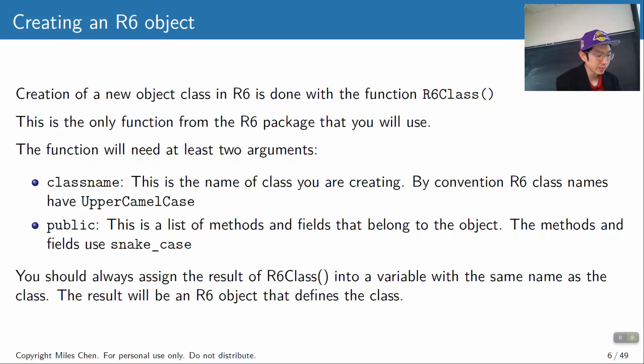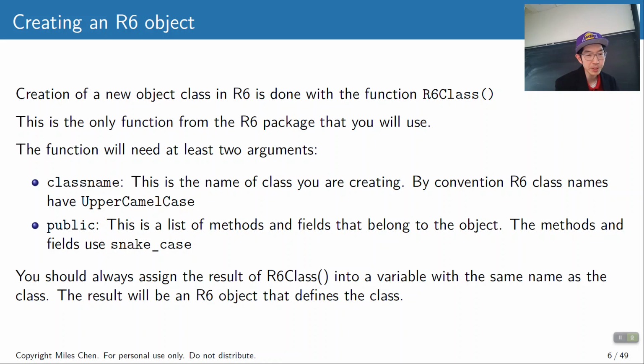The way we create a new object class in R6 is with the function R6Class, capital R6Class, parentheses, and that is really the only function from the R6 package that you will use. This defines a new R6 class, and basically all of the R6 reference semantics get implemented.